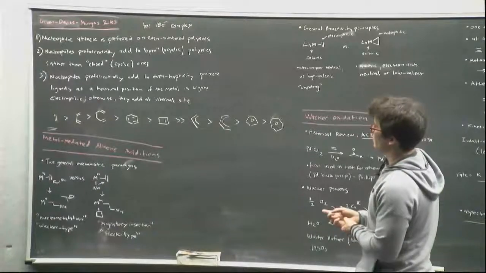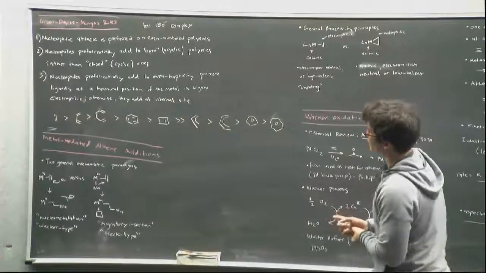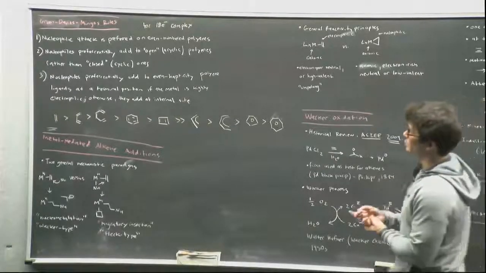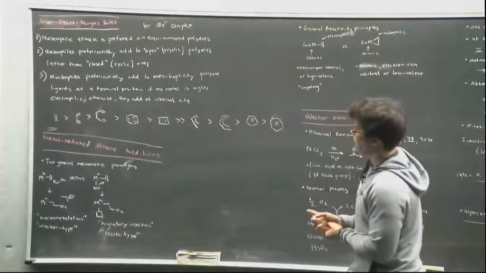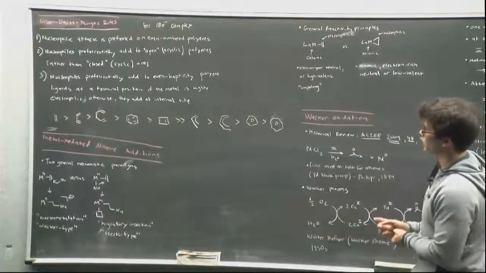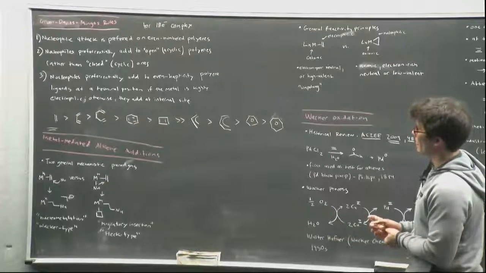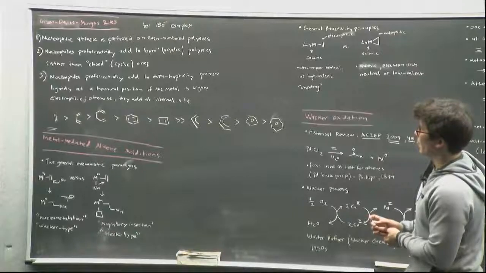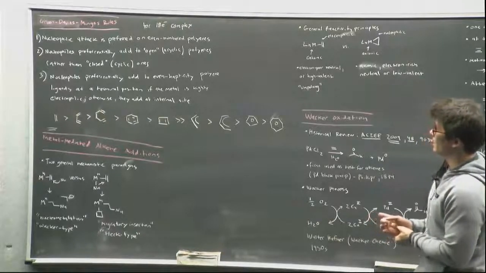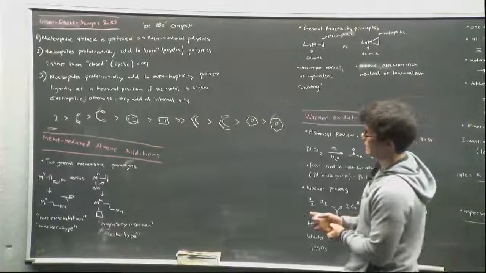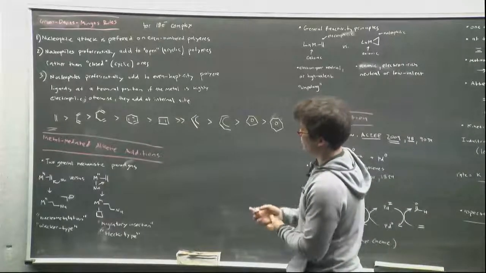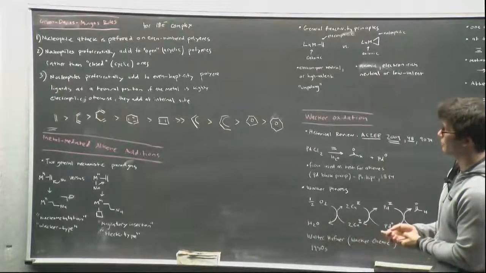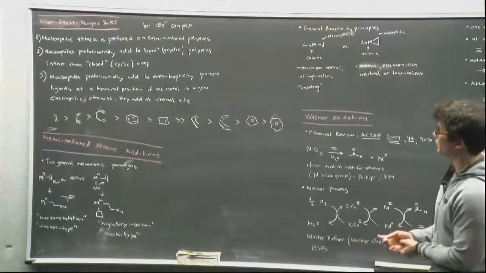And the second rule, I think, is somewhat intuitive, which is that the open form, the acyclic types of polyenes, are more reactive than their closed forms. And then the third rule is that for even hapticity polyene ligands, nucleophiles preferentially add at a terminal position if the metal is highly electrophilic. Otherwise, they add at internal sites.